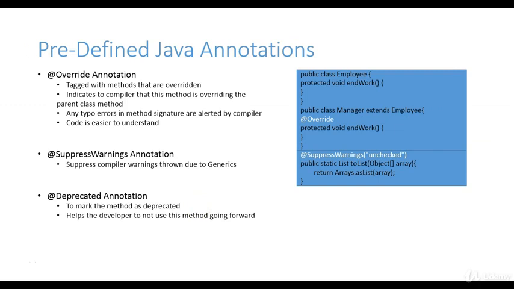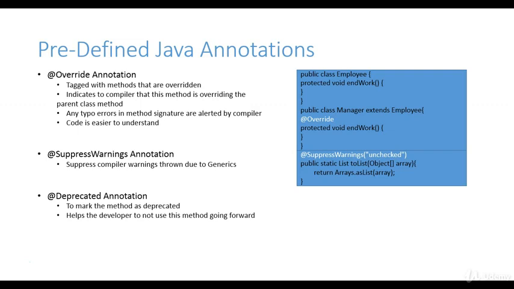Java provides a number of predefined annotations. And in this slide, I am going to share with you three of those predefined annotations, which are @Override, @Deprecated and @SuppressWarnings. The @Override annotation tells the compiler that whenever this annotation is tagged on a method of some class, that method must be overridden by the developer.